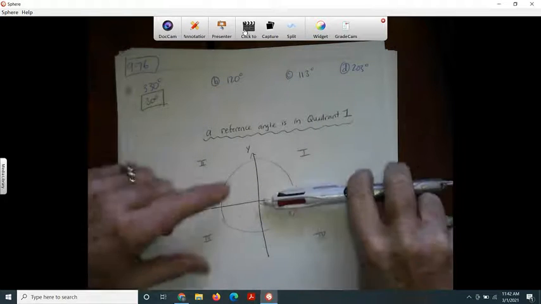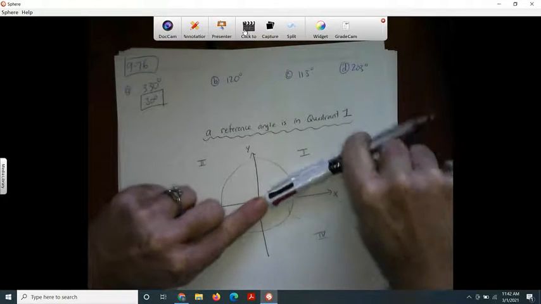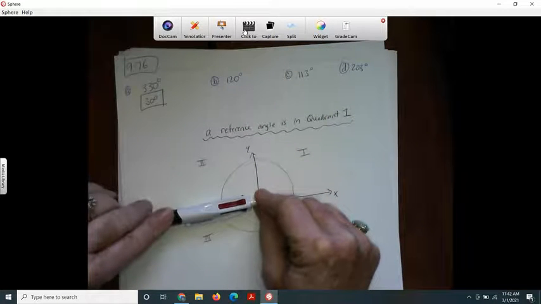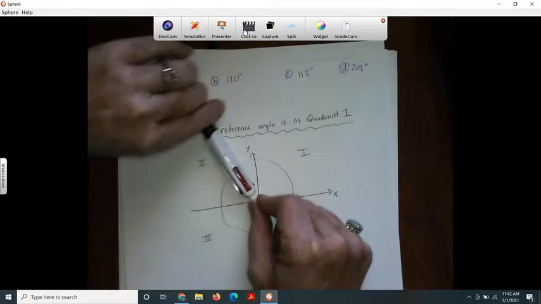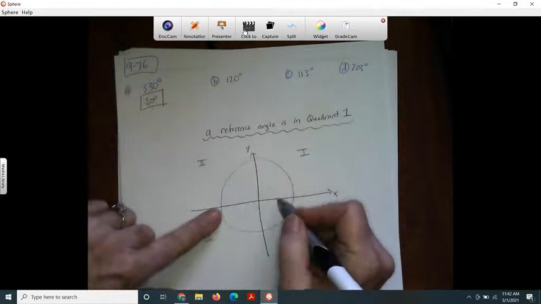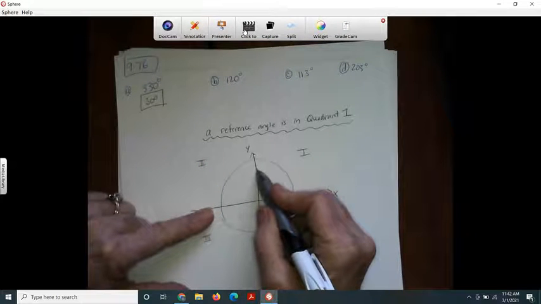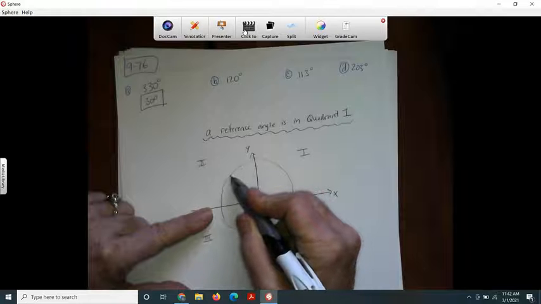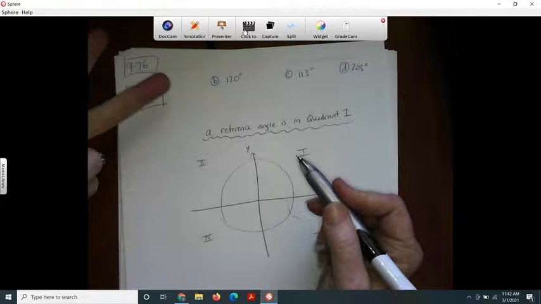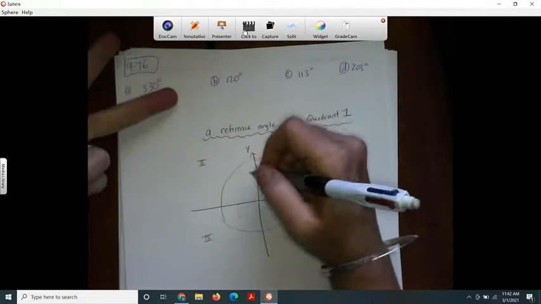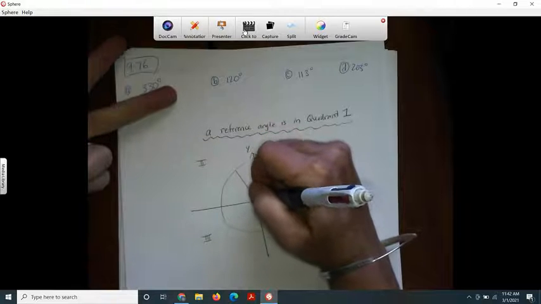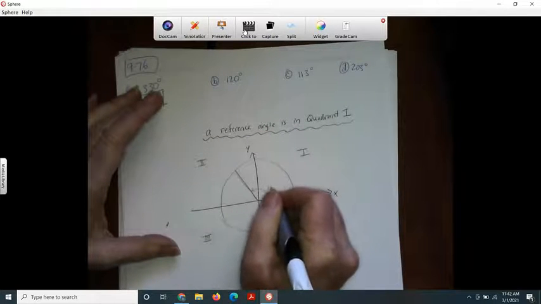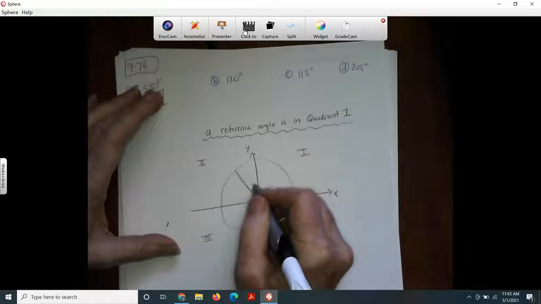It's somewhere in quadrant 2, because if I open up an angle to 90 degrees and just add a little bit more, 90, 100, 110, 120. So maybe it's about right here. That's about 120 degrees. It's 90 degrees plus 30 more. So that leaves me 60 degrees right here, if that makes any sense.